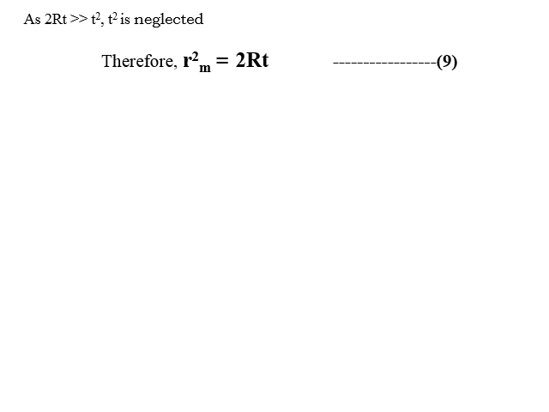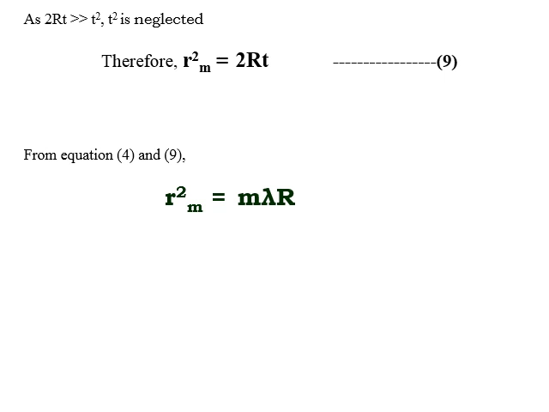Now in this case, 2RT is much bigger than T squared. T is the thickness of the film, which is very small, and that's why T square is neglected in this equation. If we observe the previous equation, R square m will become 2RT.